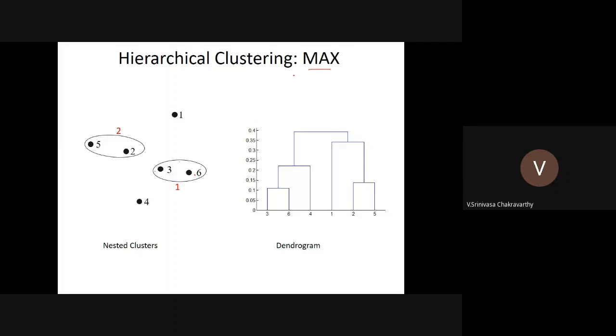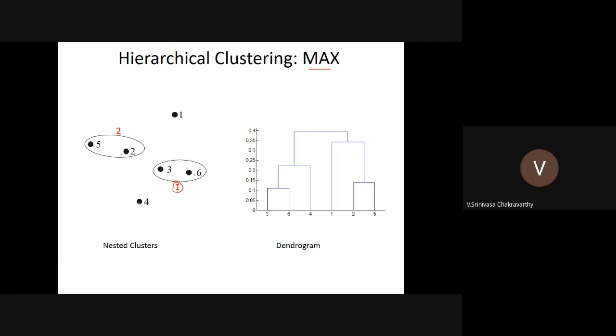The next thing is, so now, the distance between this cluster number 1, which has 2 points, and data point number 4 is now the max. That means between 4.3 and 4.6, you see that 4.6 is longer.